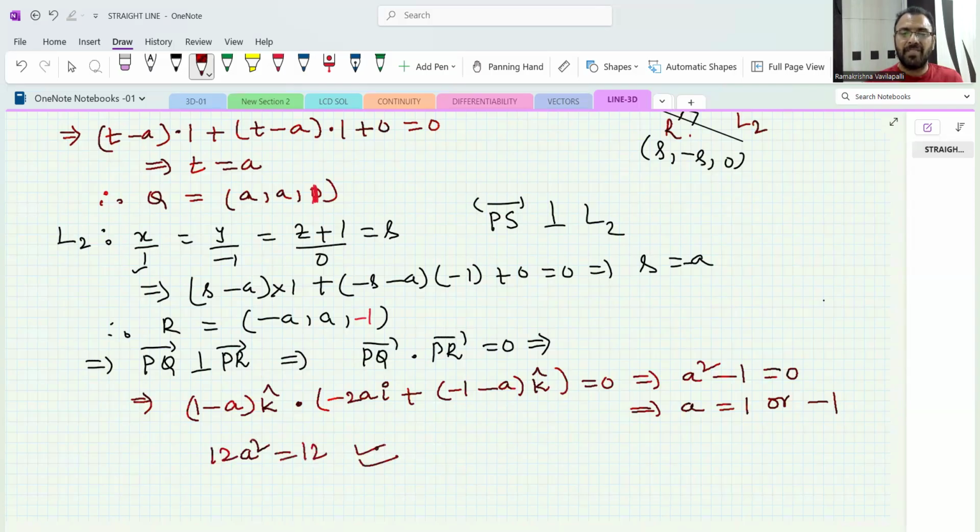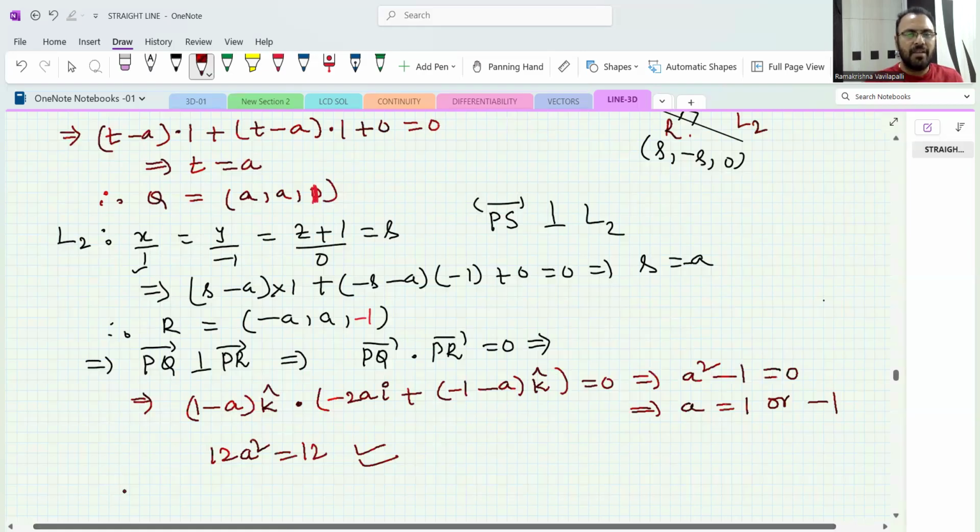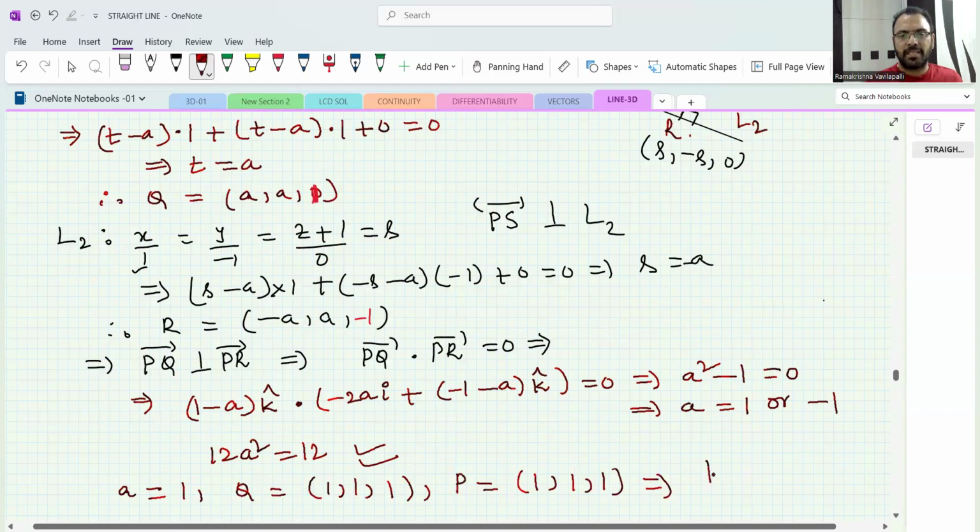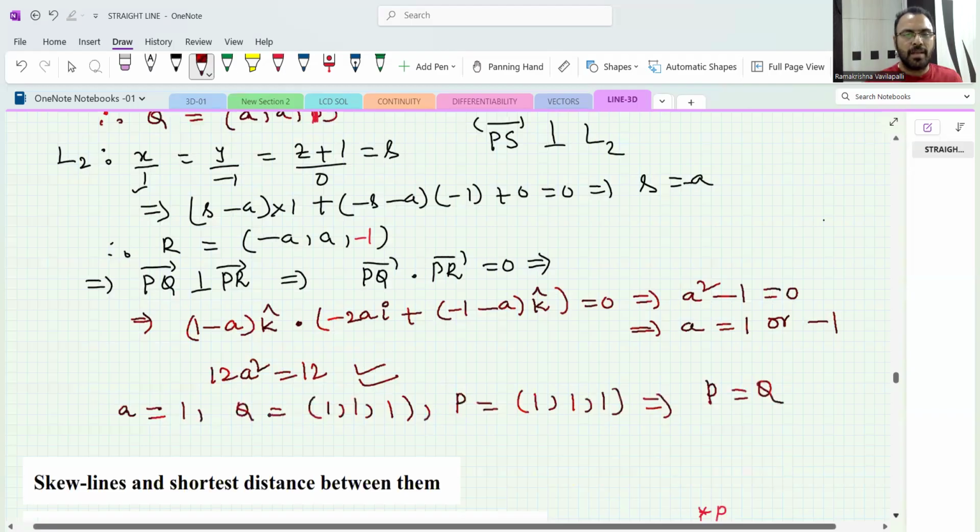But if they particularly ask for the value of a, in JEE Advanced 2014 they asked what are the values of a. For a equal to 1, the Q point becomes (1, 1, 1) and the P point becomes (1, 1, 1). So P and Q are coincident, but they should not be coincident.